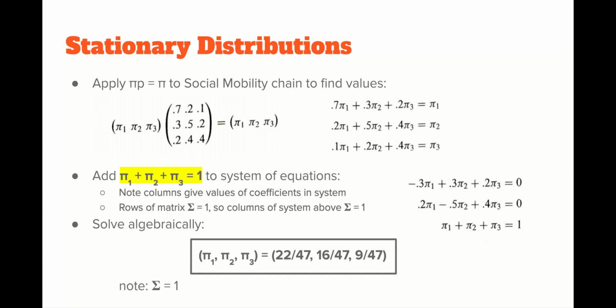Because we're looking at a whole population here, we have to account for everything, so the probabilities have to equal 1. So we solve the system algebraically, and we end up getting pi 1, pi 2, pi 3 equal to 22, 16, and 9 over 47 respectively. And we note that these indeed do add up to 1.